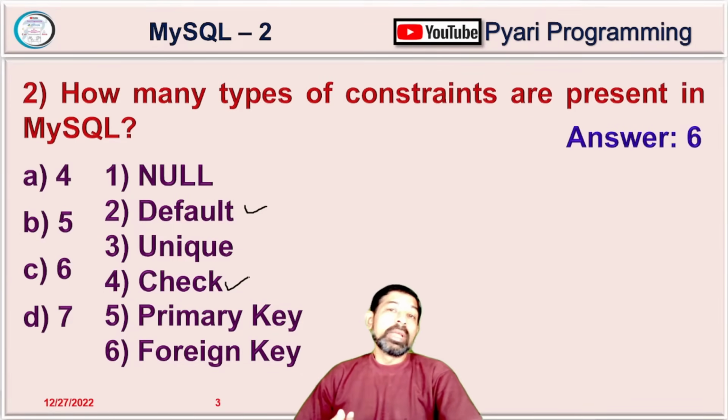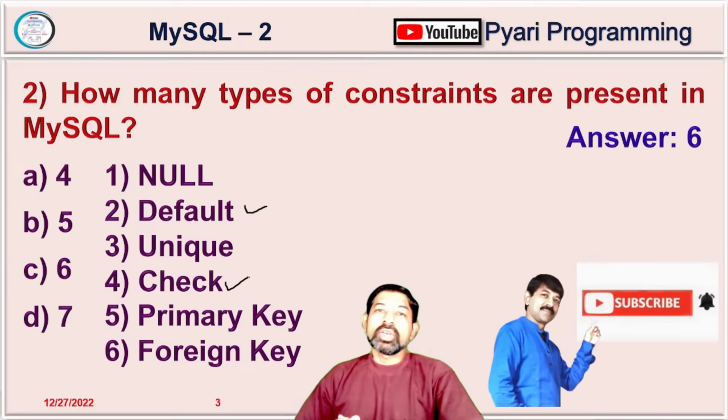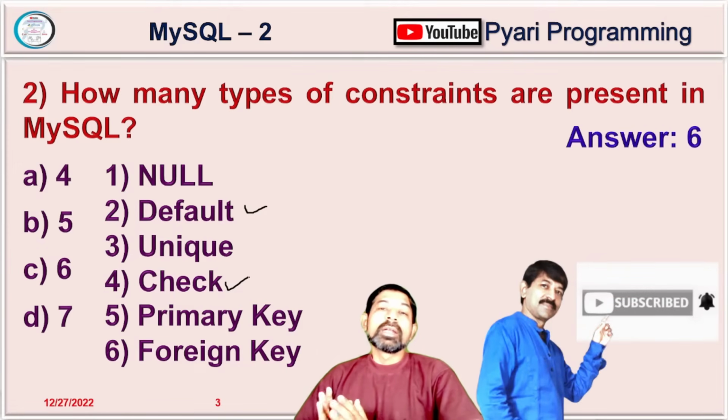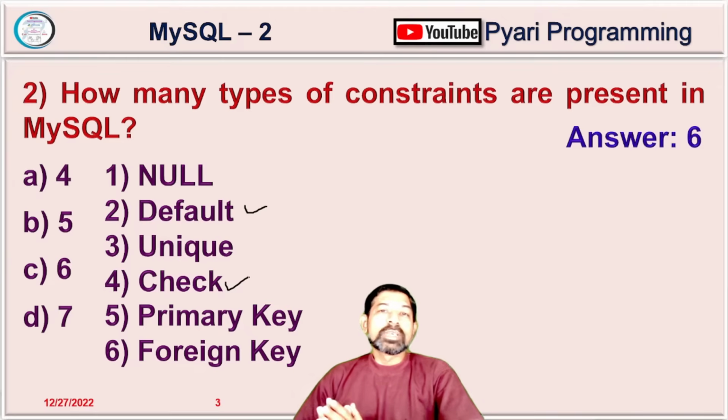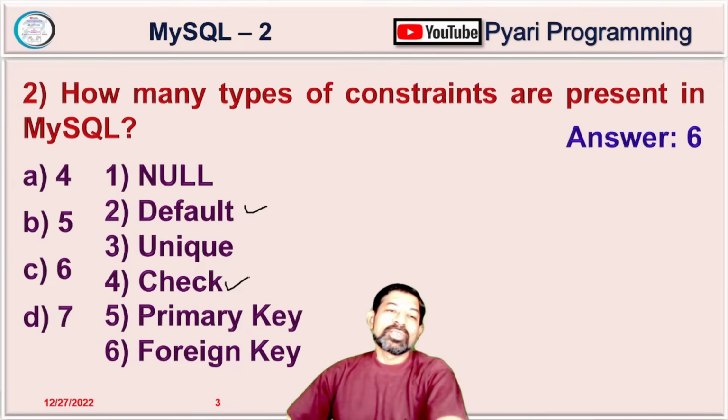And we can also limit it, as I said, that if I want to deal with the customers who belong to Orissa, Bihar and West Bengal, in that case I can use the check constraint that the state must be within Orissa, West Bengal and Bihar. That is your check constraint.